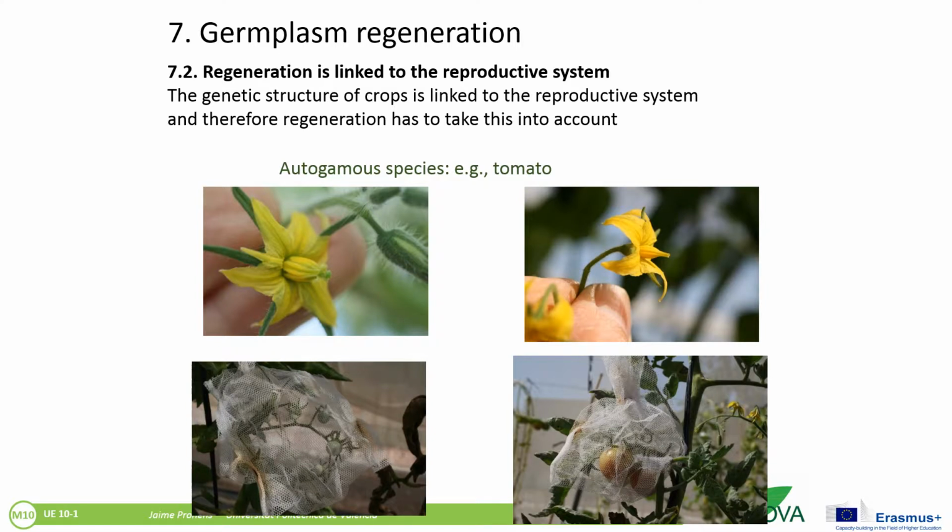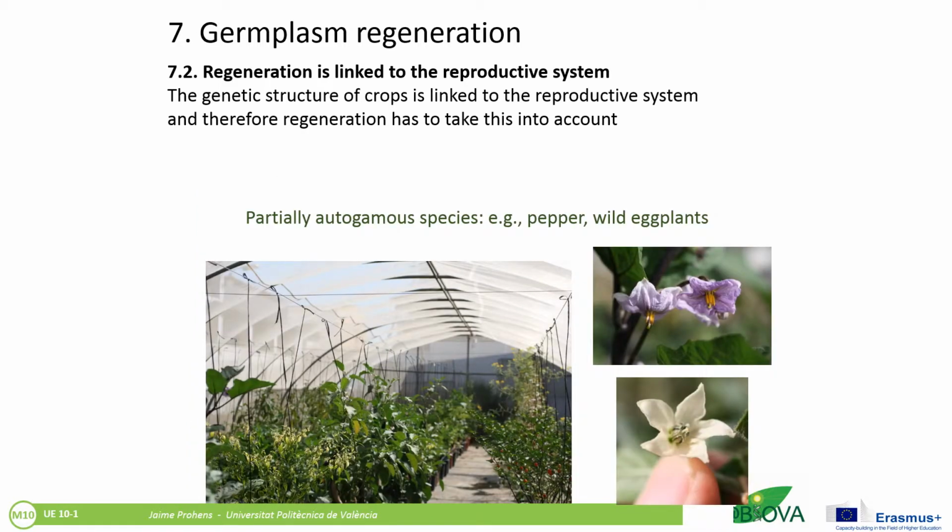The genetic structure of crops is linked to the reproductive system, and therefore regeneration has to take this into account. In autogamous species, such as tomato, the plants self-pollinate and facilitate the regeneration of germplasm. In partially allogamous or partially autogamous species, special caution has to be taken to avoid cross-contamination with pollen from other accessions.